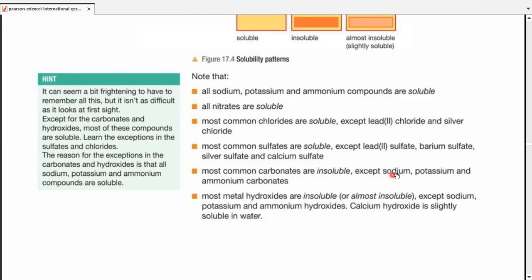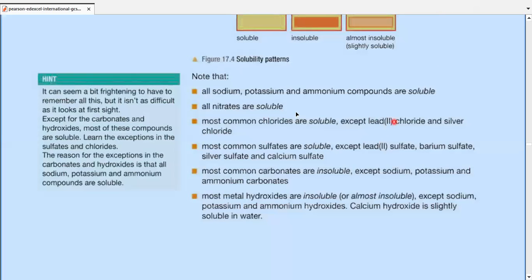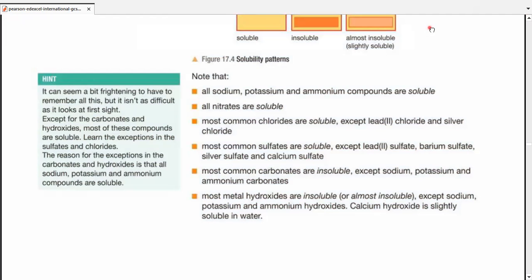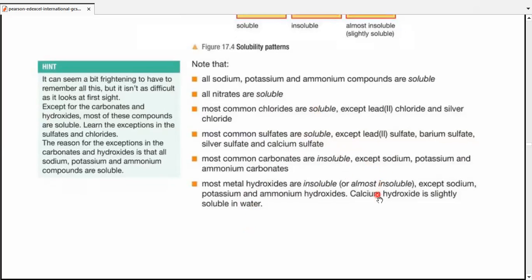Only three of them are soluble: sodium, potassium, and ammonium, the ones we discussed above. And most metal hydroxides are insoluble. Potassium, sodium, and ammonium are soluble ones. Calcium is the only one which is slightly soluble. So all the techniques that I've discussed above are given in these sentences. Either memorize those techniques or these sentences, and it would be easier for you to memorize the whole thing.